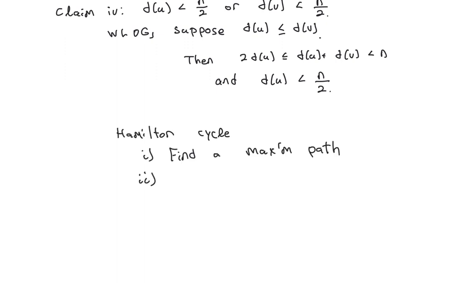And then if the two endpoints form an edge together, it turns out you're done, because as we had already noted, that maximum path now gives you a Hamilton cycle for the path, and that cycle ends up being a Hamilton cycle for the entire graph. Otherwise, it turns out due to the sum of degree conditions, the intersection of S and T has to be non-empty, so you can just go down the path until you find a vertex adjacent to the endpoint whose neighbor is adjacent to the starting point, and now you have your cycle.